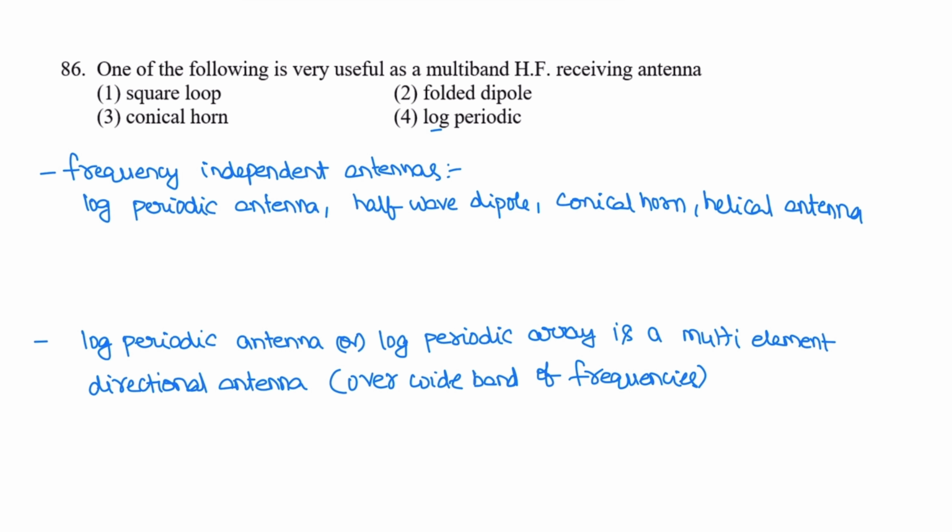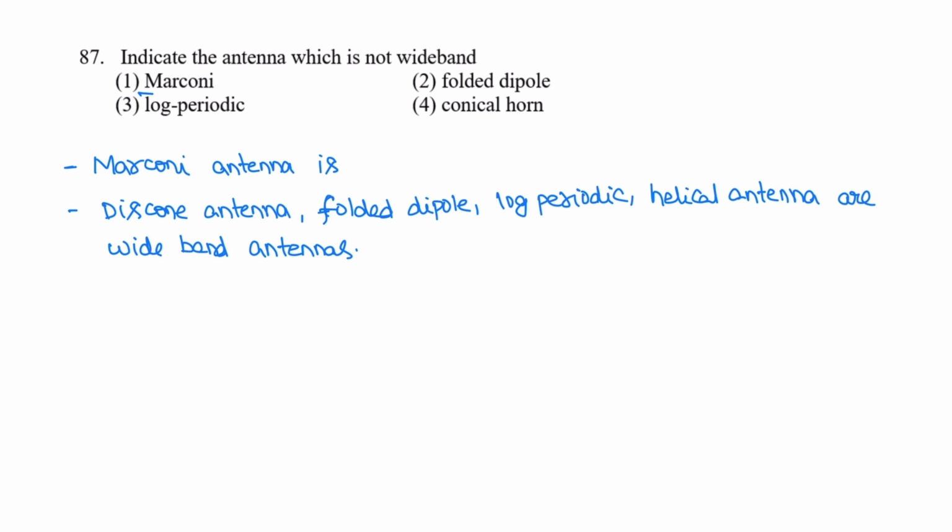So the correct option is 4, log periodic array. It is very useful as a multi-band high frequency receiving antenna.